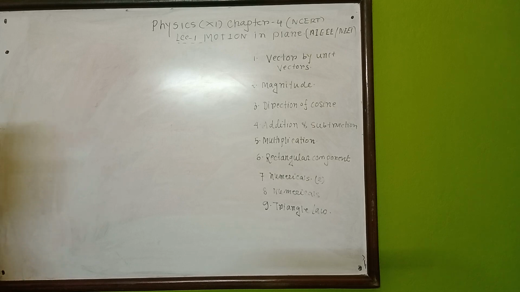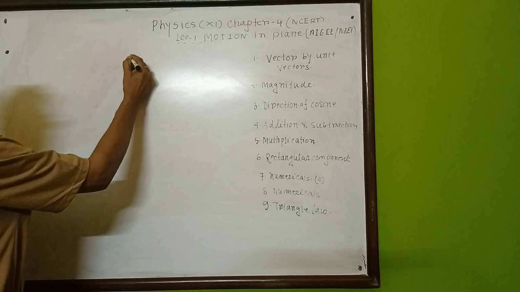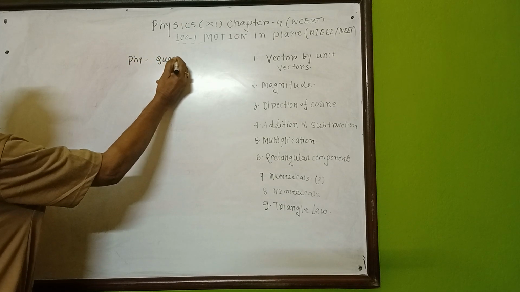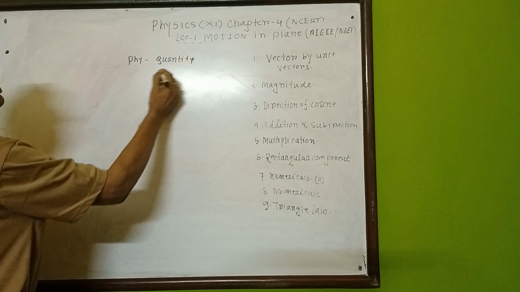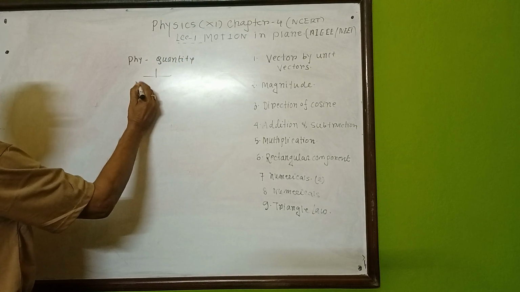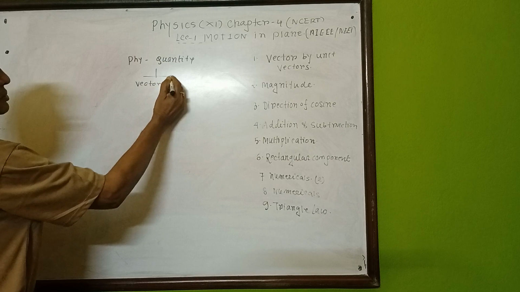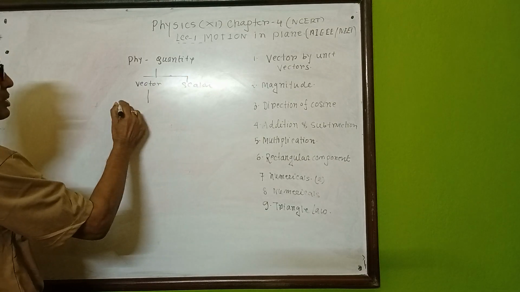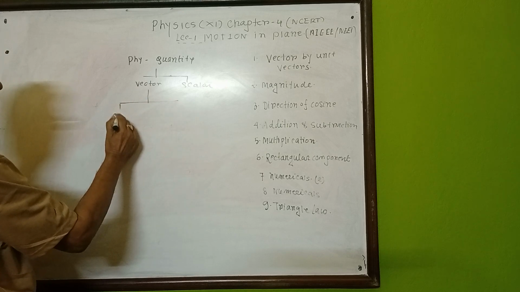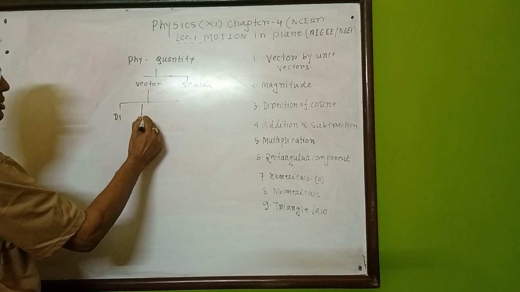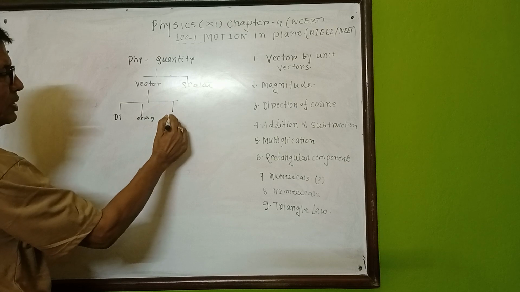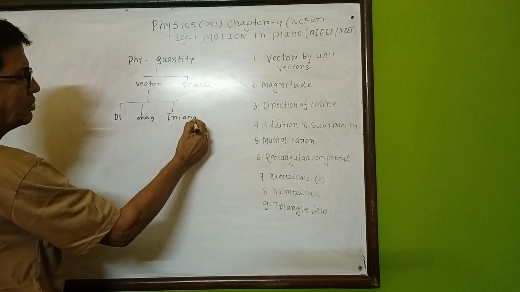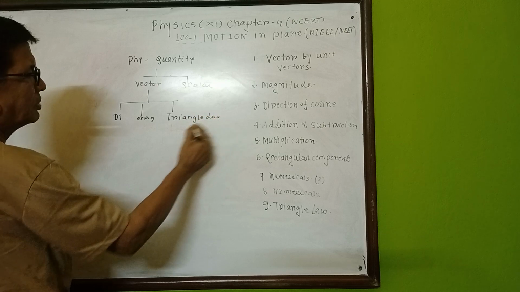So what is a vector? You know, a physical quantity is a measurable quantity, of two types, vector and scalar. A vector quantity has a direction part and a magnitude part, and it follows the triangle law of vector addition.